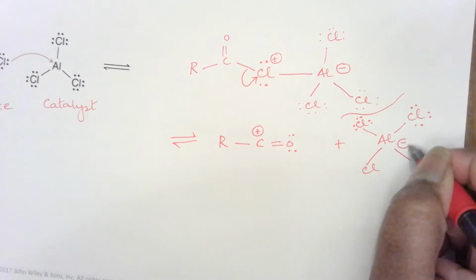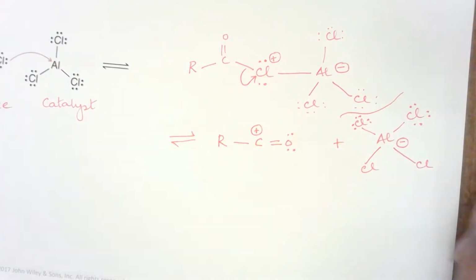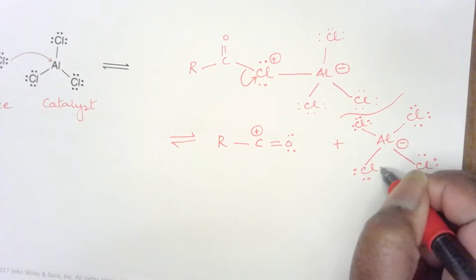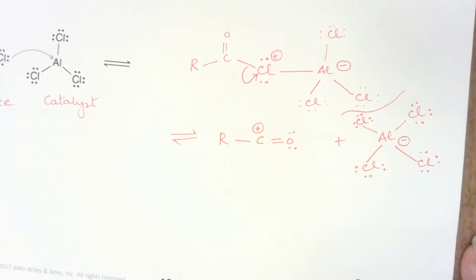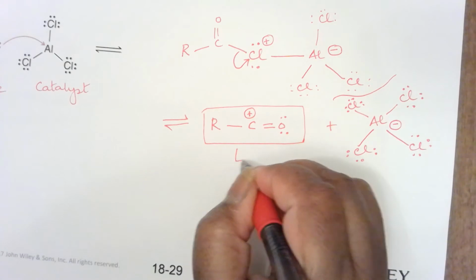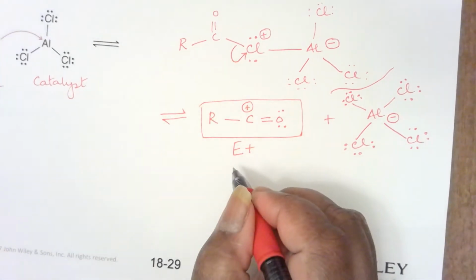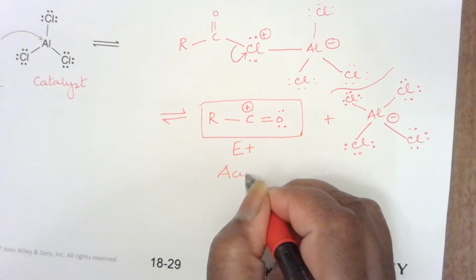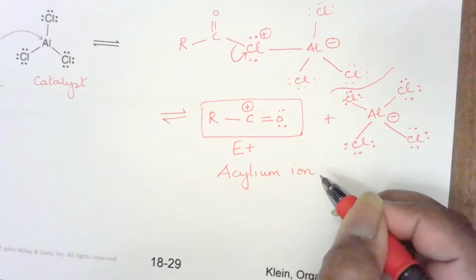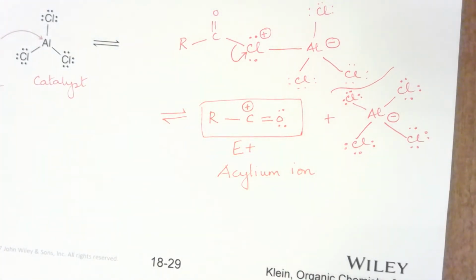It's understood that all the chlorine atoms now have their lone pairs, and aluminum gets a negative charge. Now this is our electrophile, and this is called the acylium ion. Okay. Note the difference between a carbocation and the acylium ion. Acylium ion has a carbonyl group.